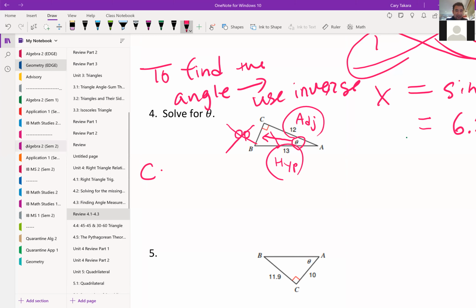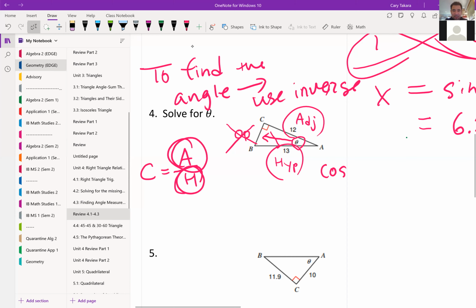It's CAH. It's adjacent hypotenuse, so it has to be cosine. So let's set up cosine of the angle. We don't know, so let's just put cosine of theta equals adjacent over hypotenuse, 12/13.